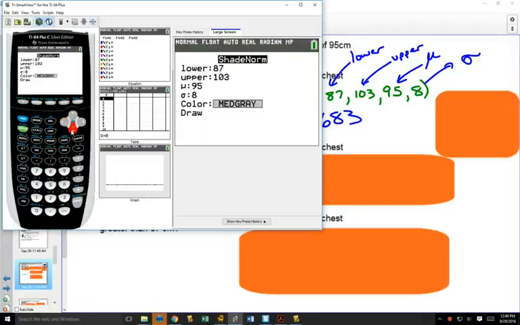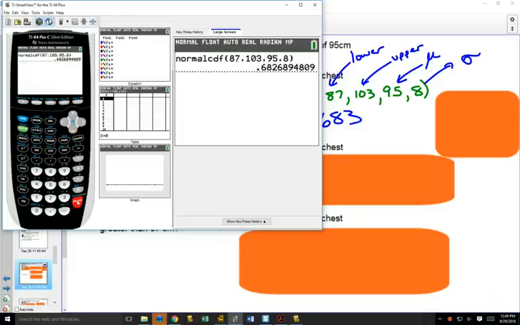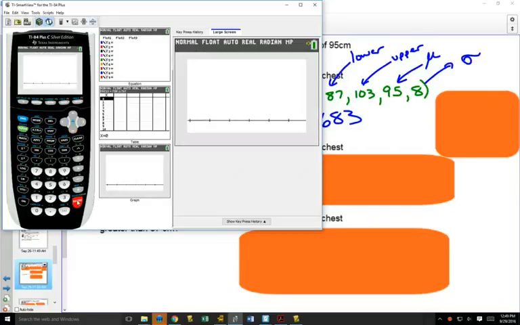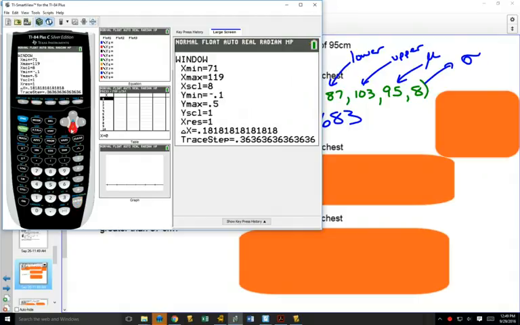Now when we draw this, there's our medium gray. It draws things out. We chose 0.5 as our height. Can you see that if I would go 0.1 as my height, it would draw it a little bit better? So I'm going to just change it to 0.1.